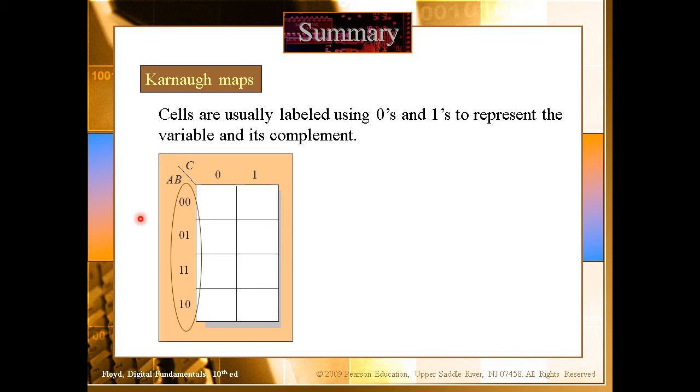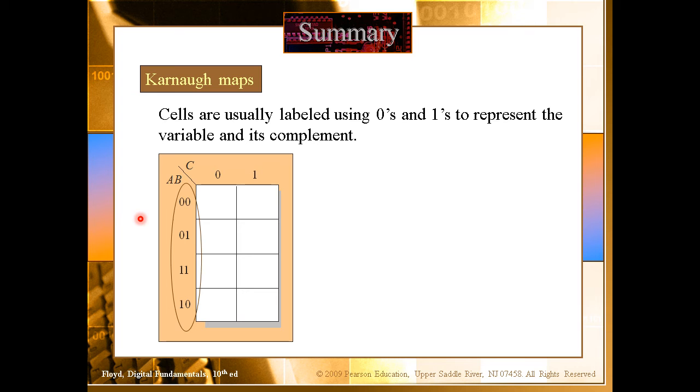That's why we cannot write 2 after 1. So instead, after 1 we write 3, so there is only one change, and then after 3 we write 2, again one change, because we cannot have more than one change between any adjacent cells. Okay, it's really simple.